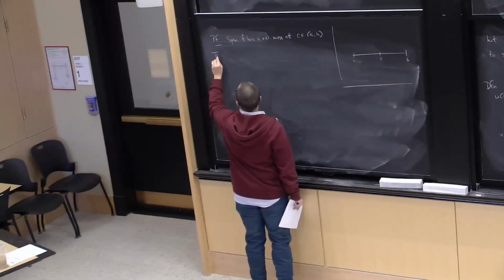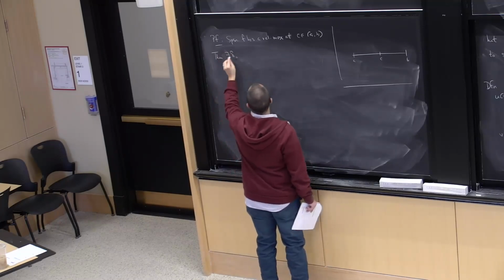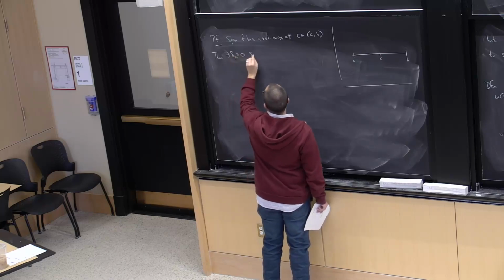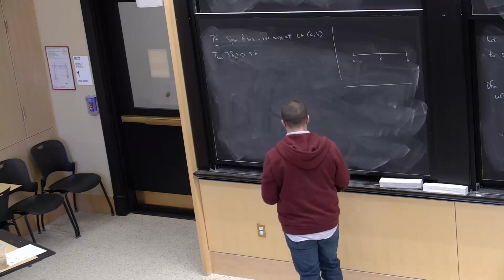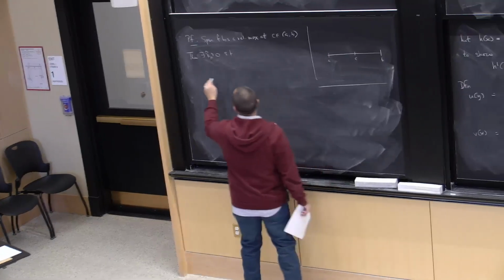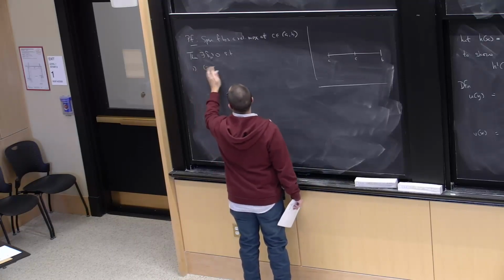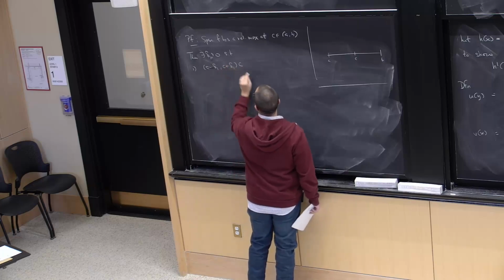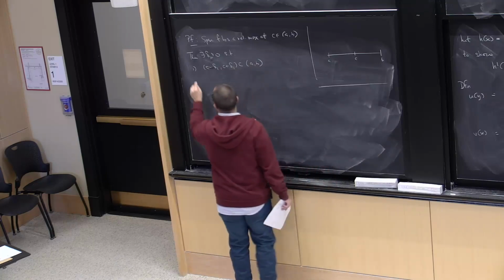Then there exists delta positive, say delta 1, such that two things are true. One, the interval (c minus delta 1, c plus delta 1) is contained in (a,b).